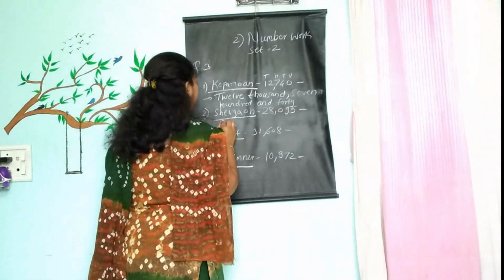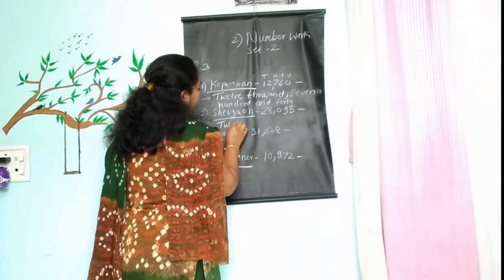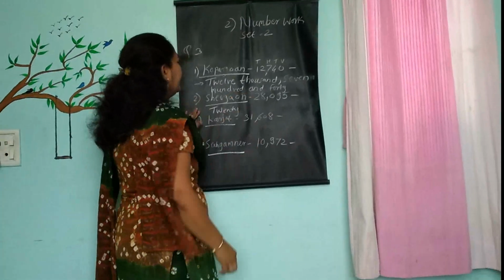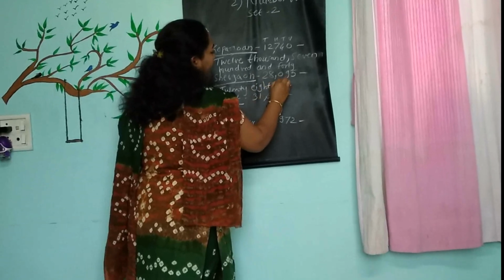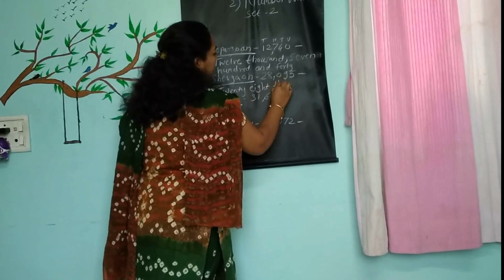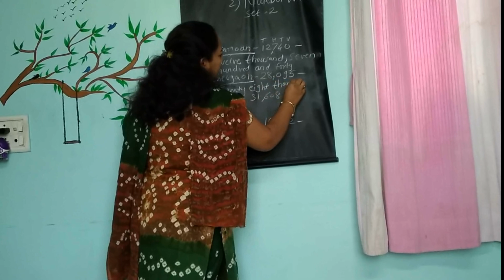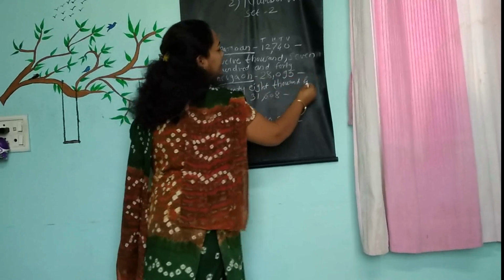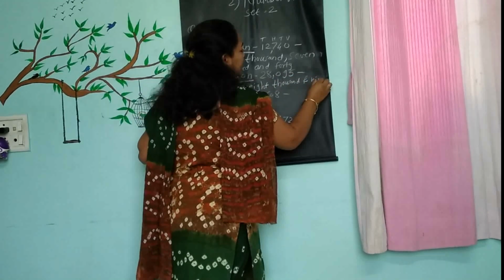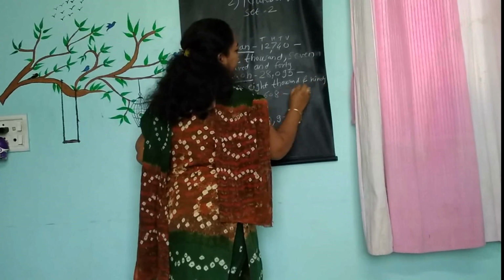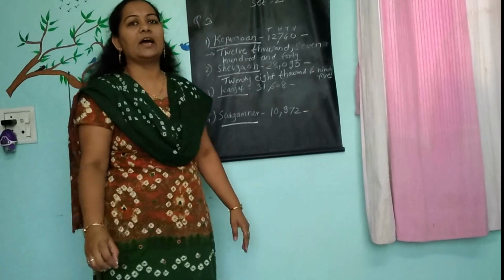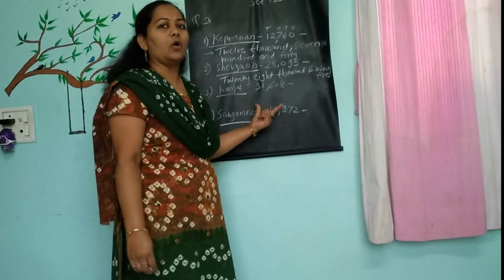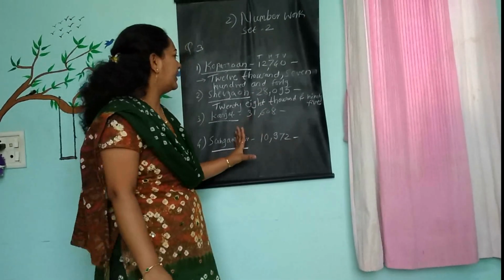So the answer will be TWENTY-EIGHT thousand and ninety-five. Suitably write that answer on a new line with good handwriting.